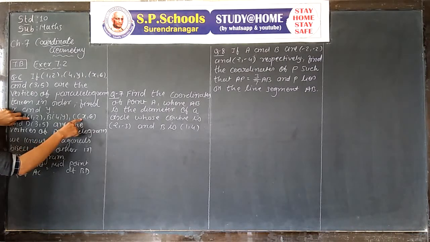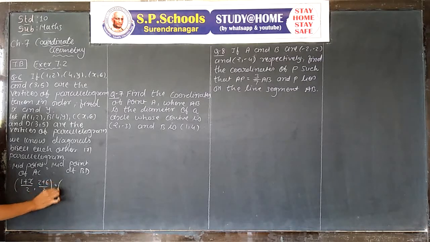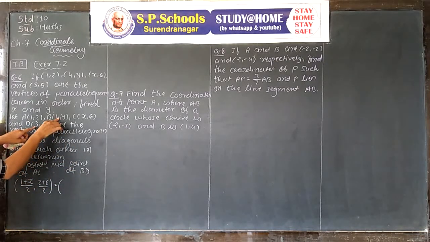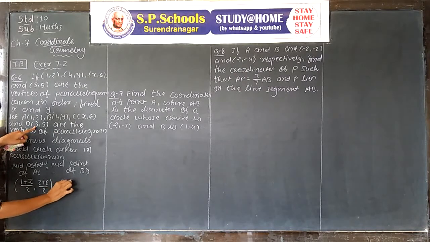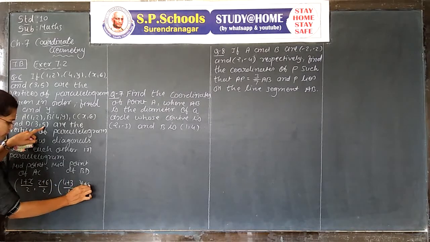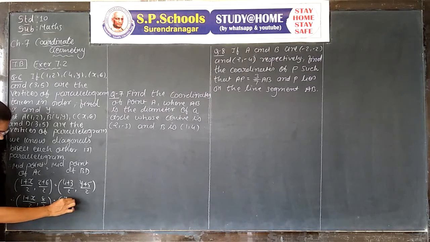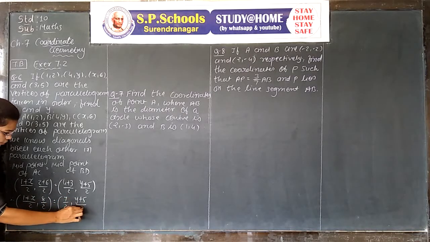Midpoint of AC is ((1 plus x) upon 2, (2 plus 6) upon 2), which is equal to the midpoint of BD. We are using B and D: (4 plus 3) upon 2, and addition of y coordinates, (y plus 5) upon 2. That's why ((1 plus x) upon 2, 8 upon 2) is equal to (7 upon 2, (y plus 5) upon 2).